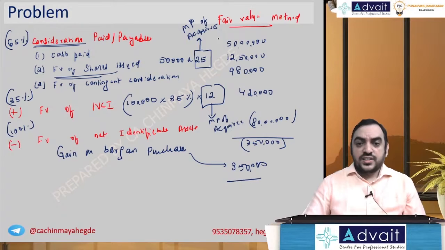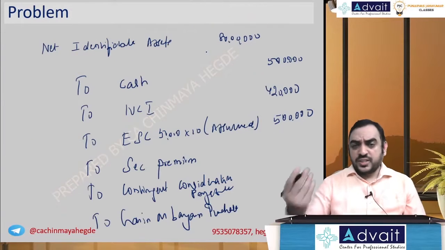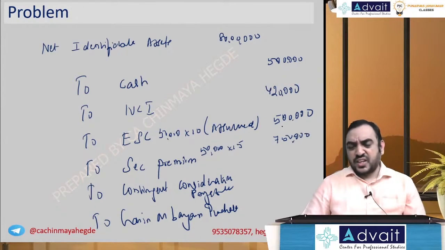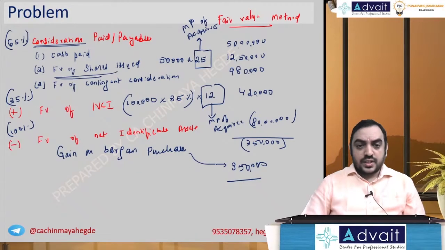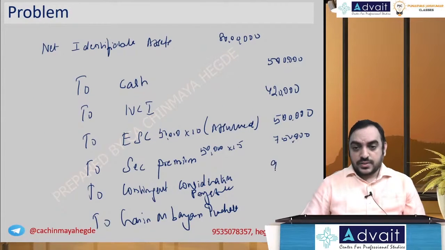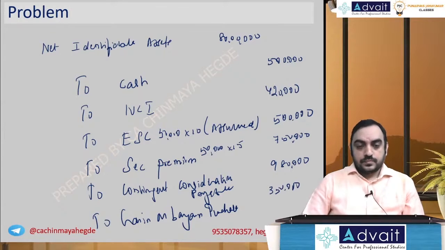And the market price is 25. So balance 15 rupees becomes premium. So 50,000 into 15, 7 lakh 50,000. That's total 12 lakh 50,000. Contingent consideration fair value 9 lakh 80,000. Gain on bargain purchase 3 lakh 50,000. I hope total tallies.